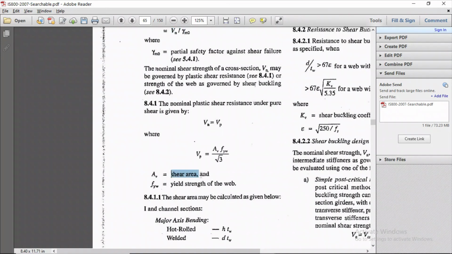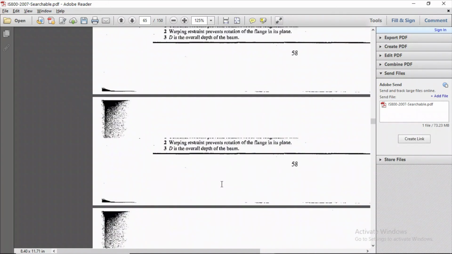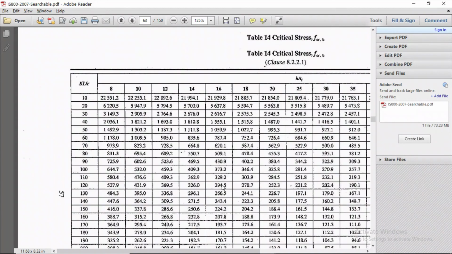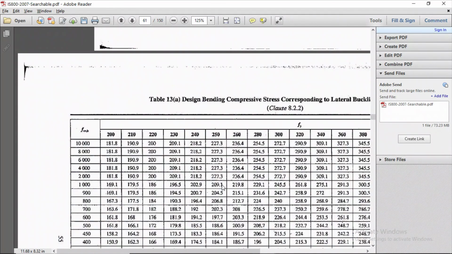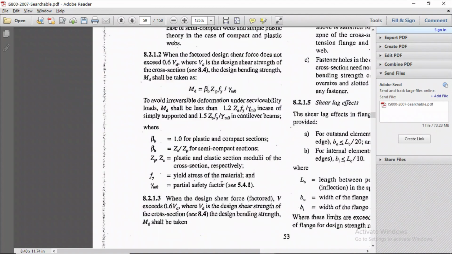Now that 60% clause, where we need to use 60% of this, was on the same page number 53. So let's go to 53. Why did we use 60%? That is given on page number 53, and that is here.